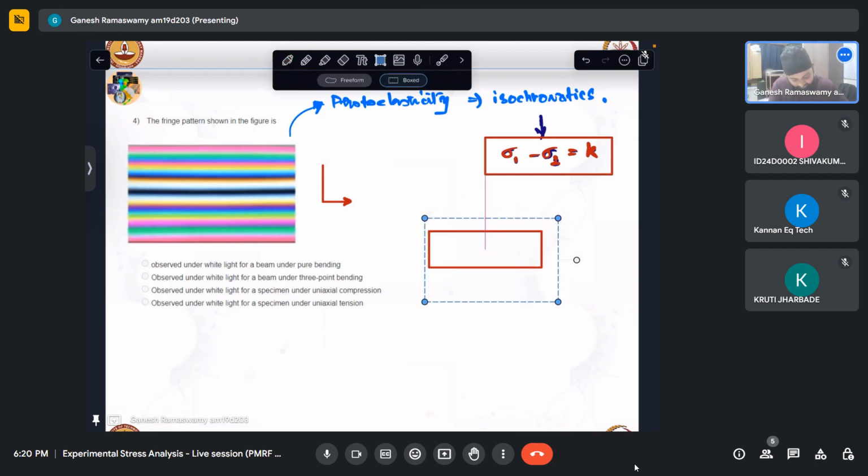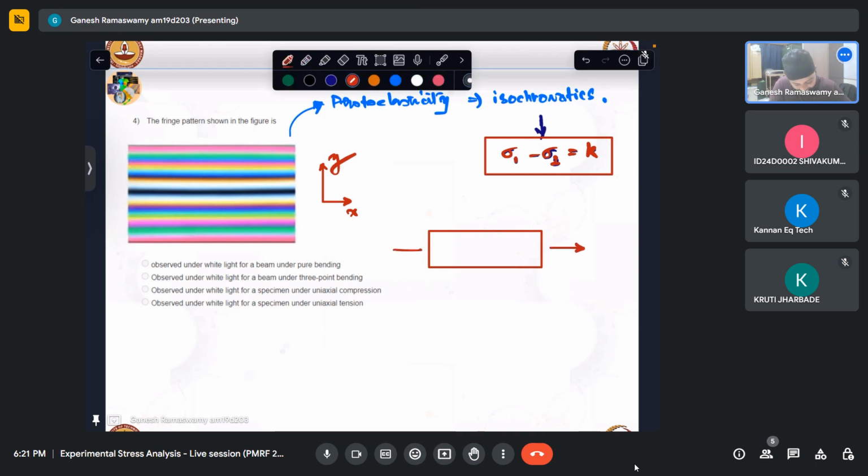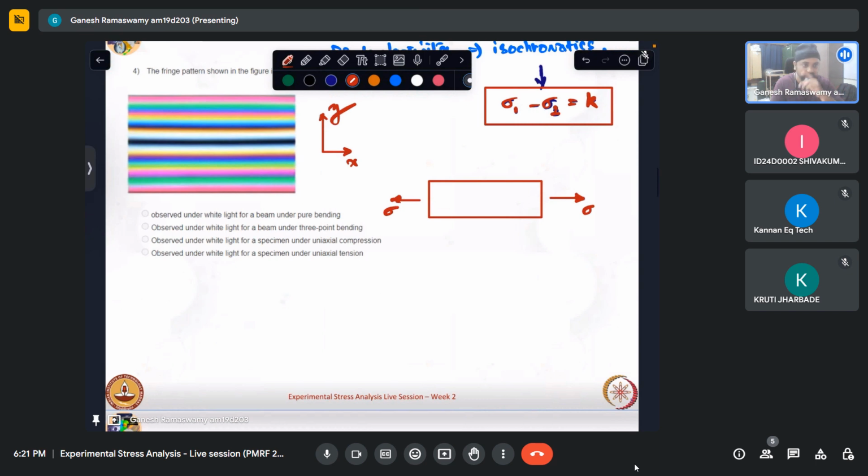Okay, so let us say that we define this as the x direction and this as the y direction. And first, let us apply a uniaxial tension of sigma, some sigma I have applied, sigma being some variable.